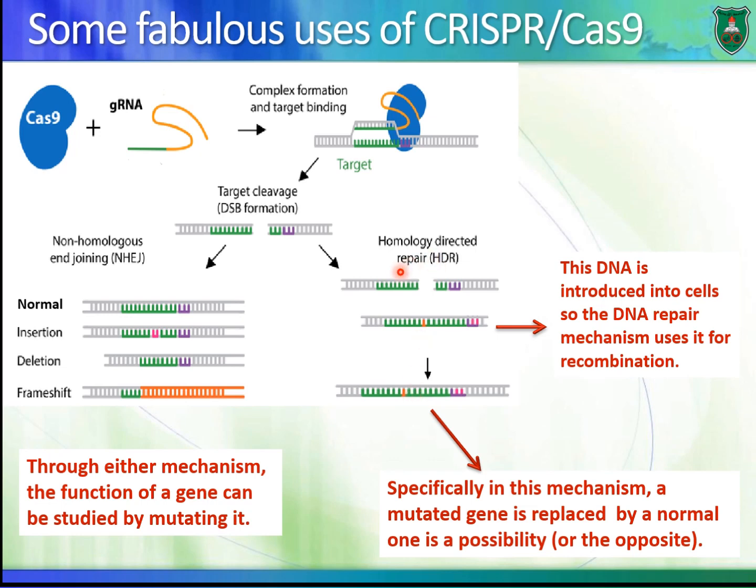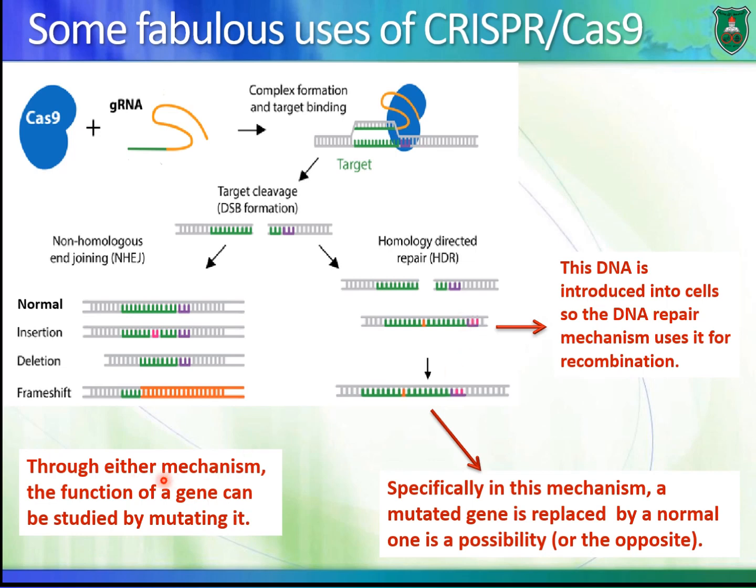Let's say that here you have a mutation. What we do is insert a DNA piece that is homologous to the gene that is mutated. And what the homology repair system does is replace the faulty gene with the new, correct one that does not have a mutation. So we can repair genes using this mechanism.